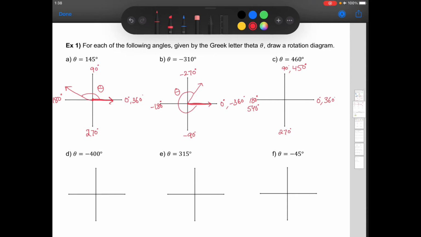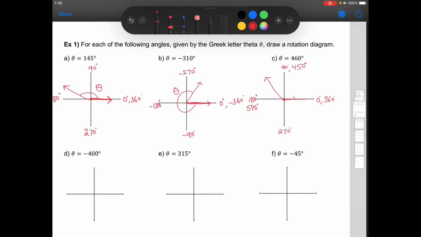So 460 is in the second quadrant, right? Your initial ray again still is here, but your terminal ray ends in the second quadrant. So here, what did I do? I went around a complete circle, and then I went more. So that's what your theta is.